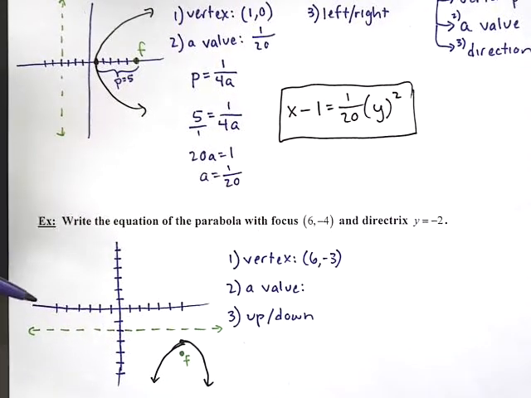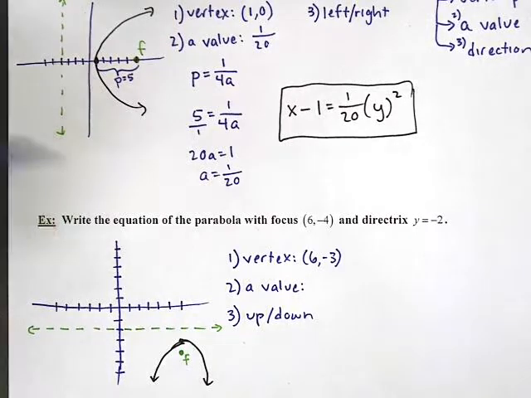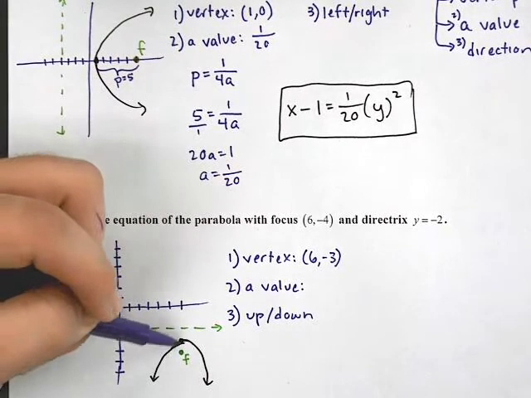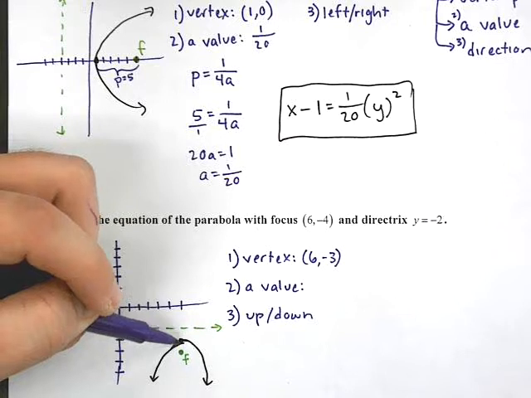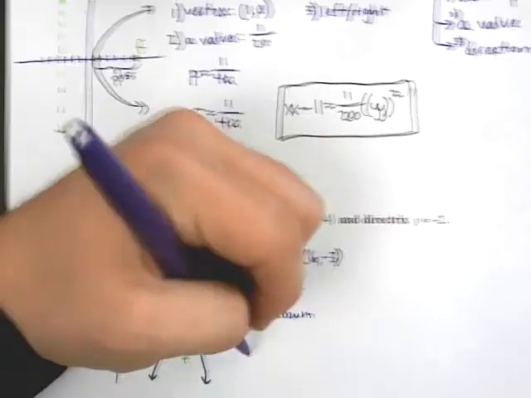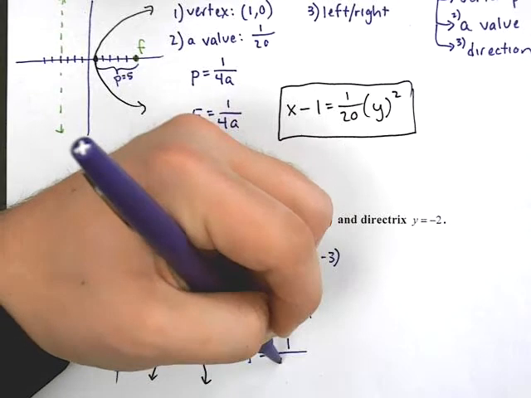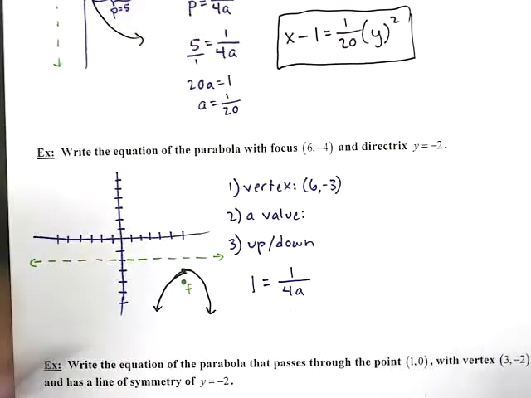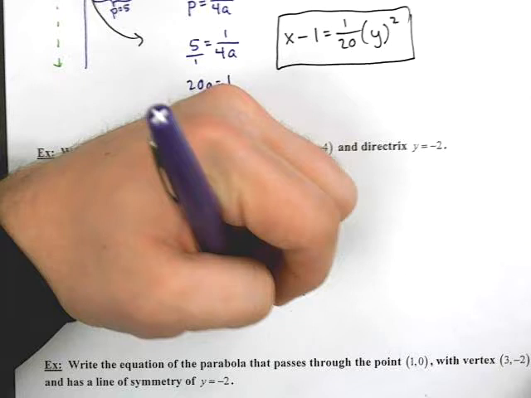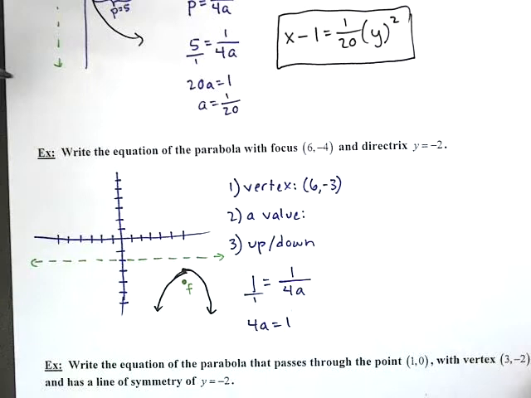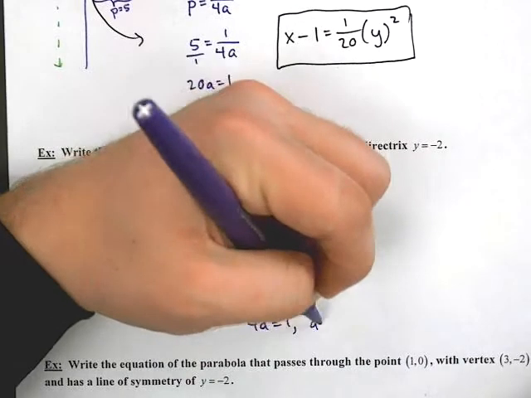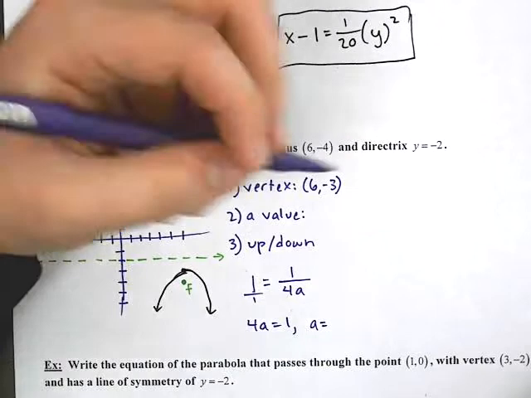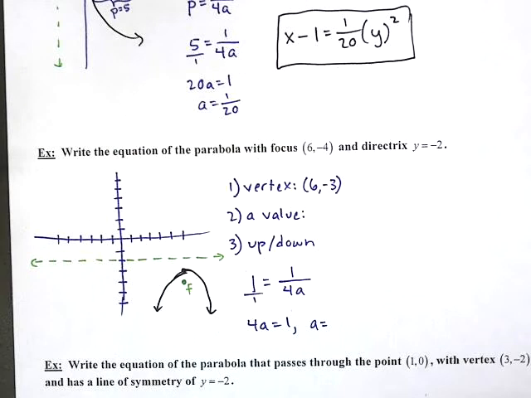And to do so, we have to get the p value. We have to know that p in this case is 1. The distance between the focus and the vertex is 1. So 1 is equal to 1 over 4a. If I cross multiply, I get 4a equals 1, or a is equal to, ooh, what did I do wrong?